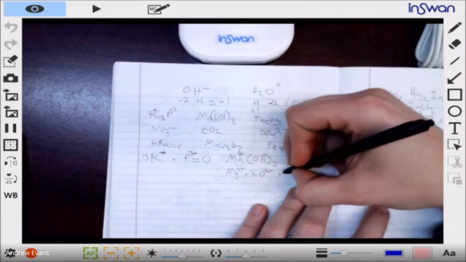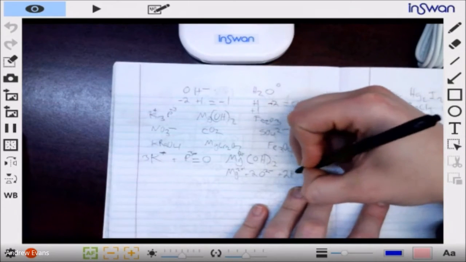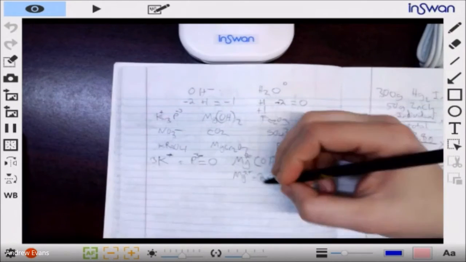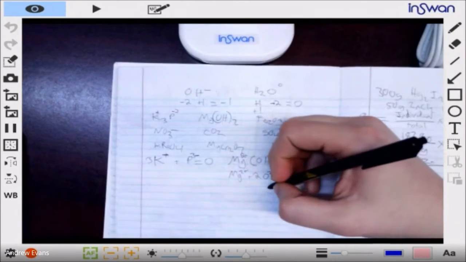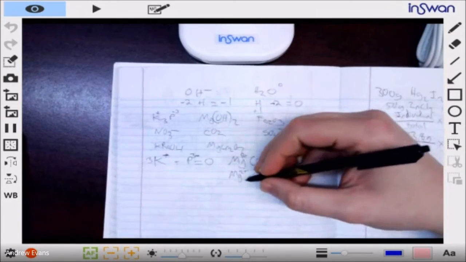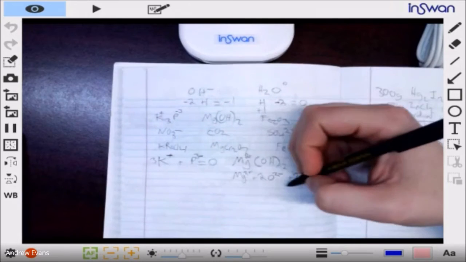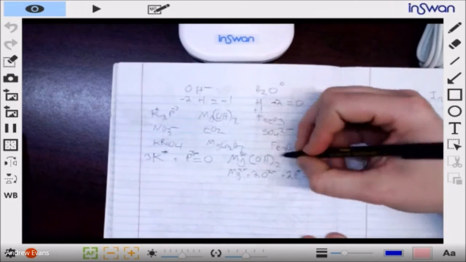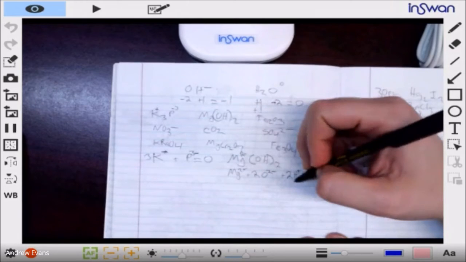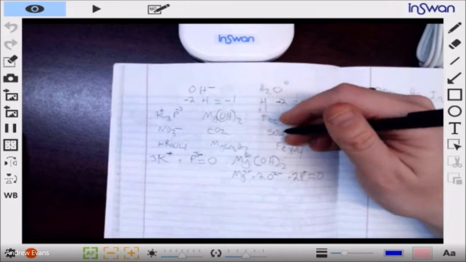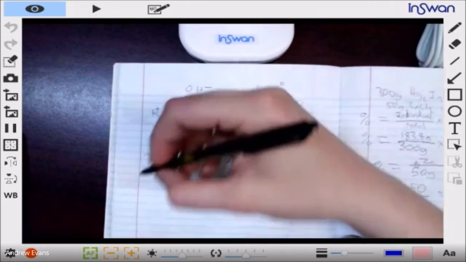But there's also 2 hydrogens, each hydrogen +1. So we have +2 -4 +2 again. 2 + 2 is 4. 4 - 4 is 0. So if magnesium is going from 2+ to anything else, or O is going from 2- to anything else, or hydrogen going 1+ to anything else.